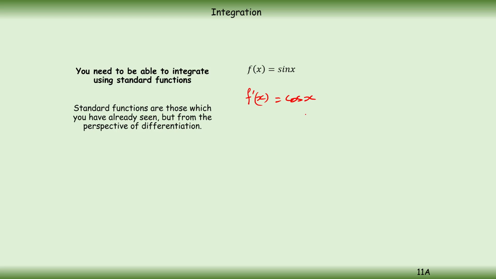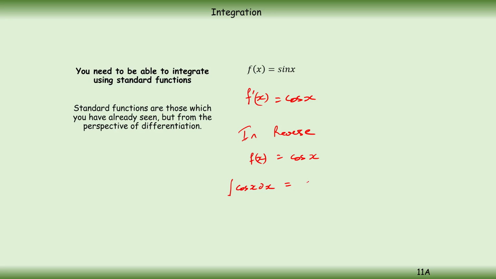So if we were to reverse this process, if we were to say that f of x is equal to cos of x, then we want to integrate this function. To integrate cos of x with respect to x, we get the reverse.